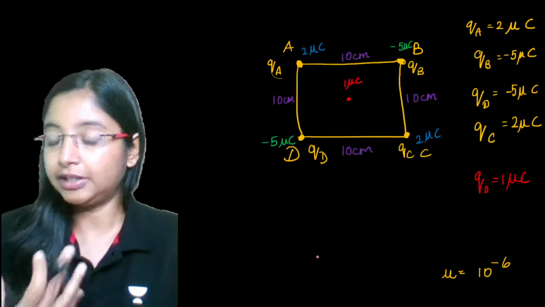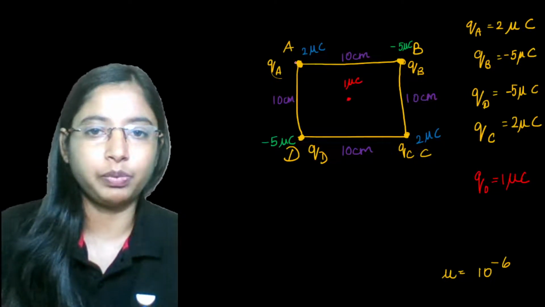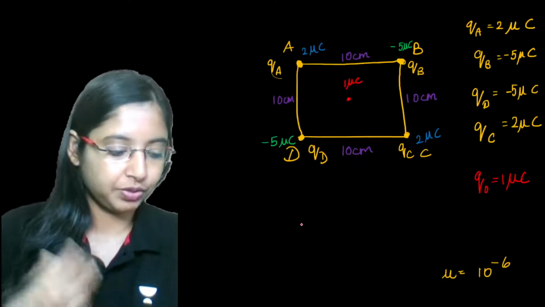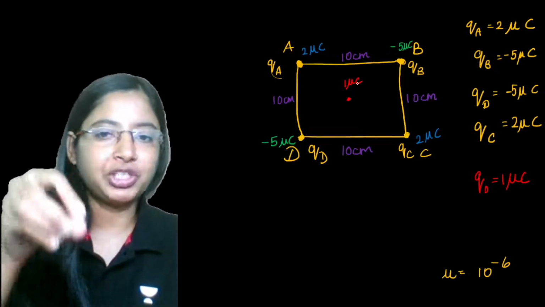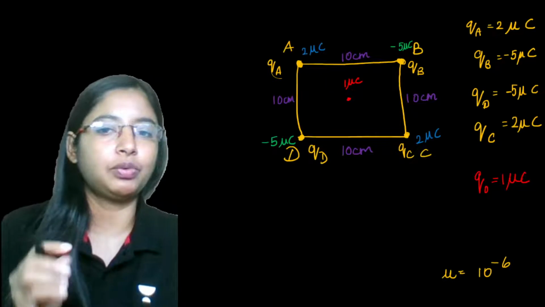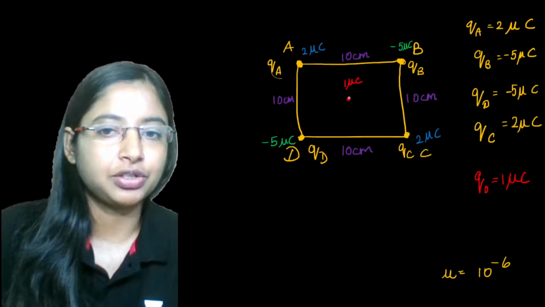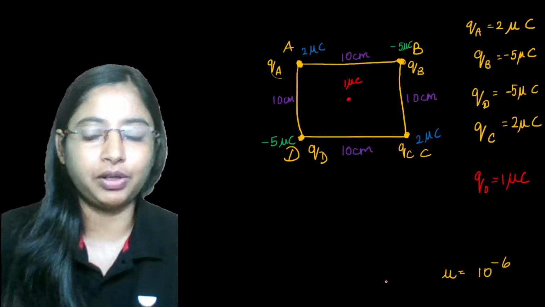What is the electric force acting at this point due to these 4 charges? This is based on your superposition principle. If you want to study a force or a field at a particular point, we always introduce a test charge. So the test charge has a value of 1 microcoulomb.